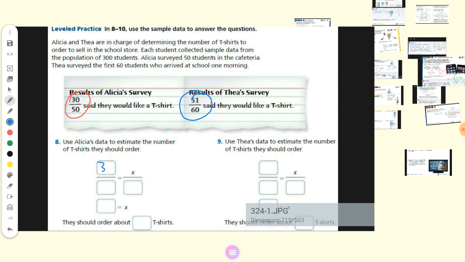Part over whole, which is 30 over 50, equals what I want over the population. The population here is 300. The whole number of 7th grade students is 300.